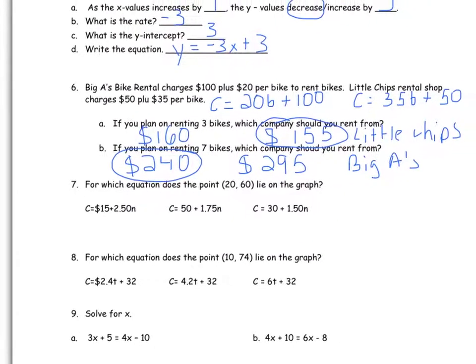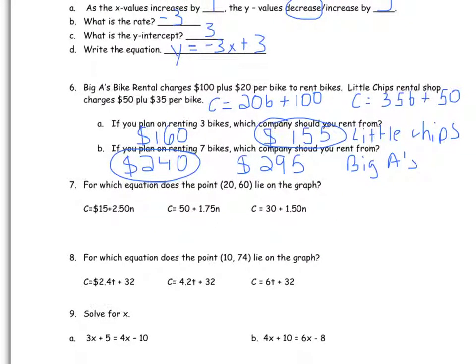For which equation does the point 20, 60 lie on the graph? Okay, so what you do is you are going to take this 20, which is going to be represented by the N, and see if it totals 60, which is represented by the C. So let's take a look here. Let's take one of them.